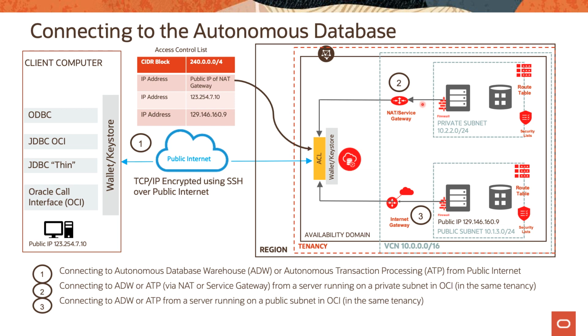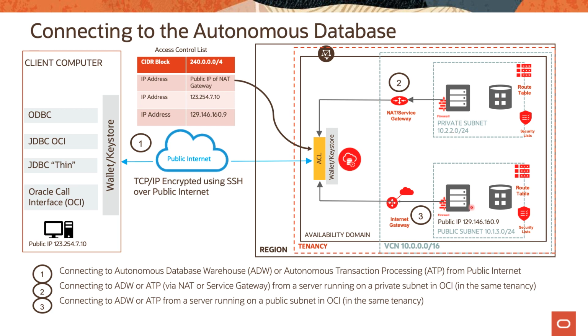And to make things simple, you can also use a NAT gateway and specify the public IP of the NAT gateway. This will also be another option for connecting to the Autonomous Database from a private subnet.